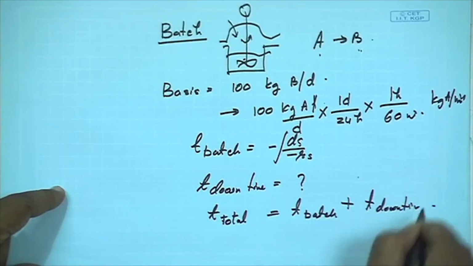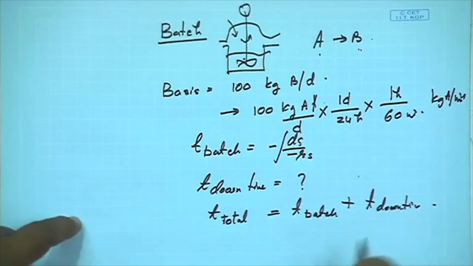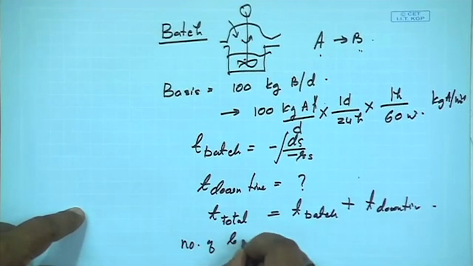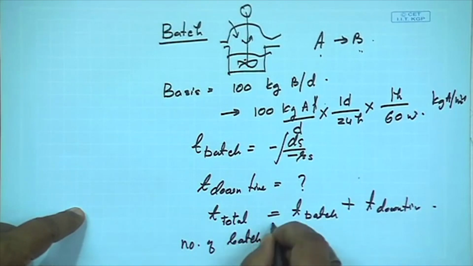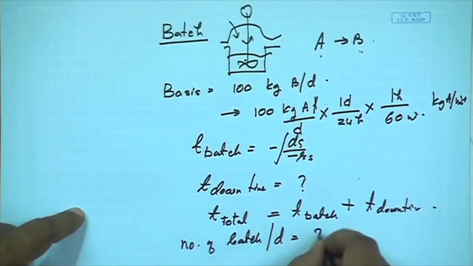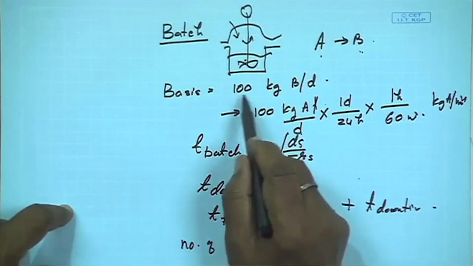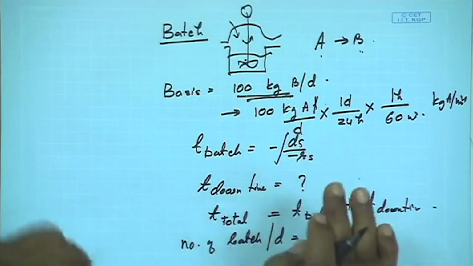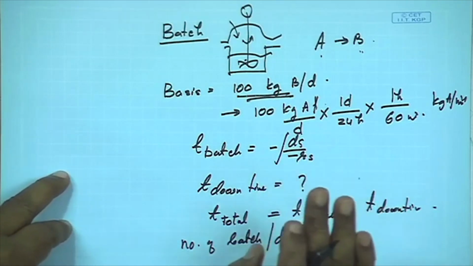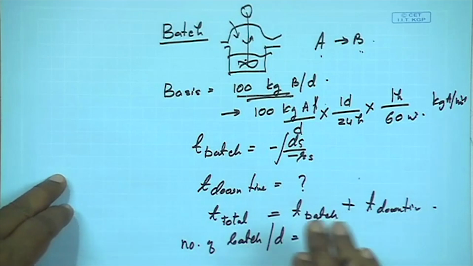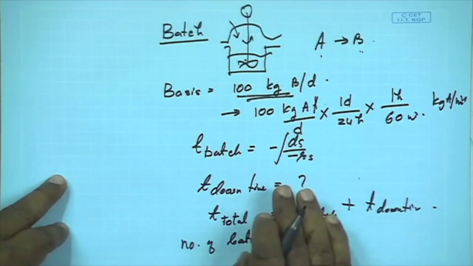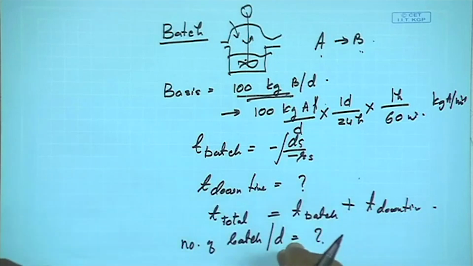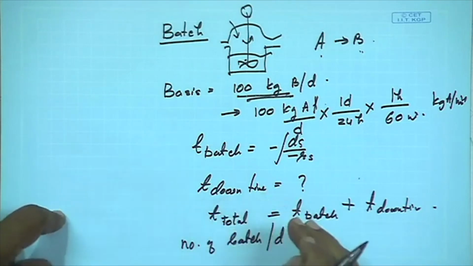So, why is it required? Because I want to find out how many batches per day you have. And this amount you have to convert not with respect to per day, you have to convert with respect to per batch. Once you have the information on how much product you have to produce per batch, then you can easily find out the volume of the reactor. How?